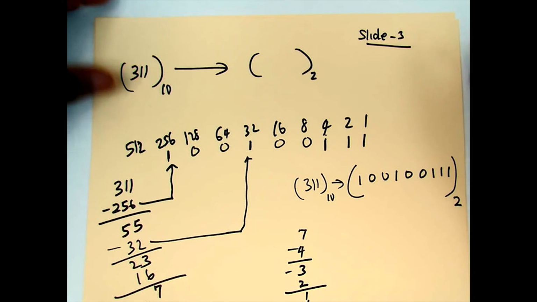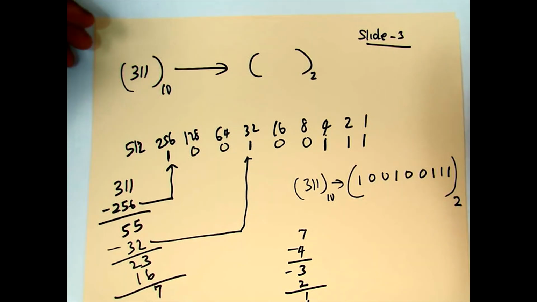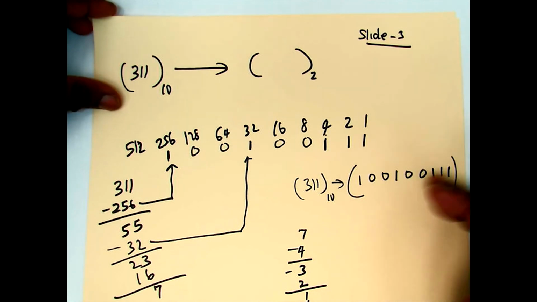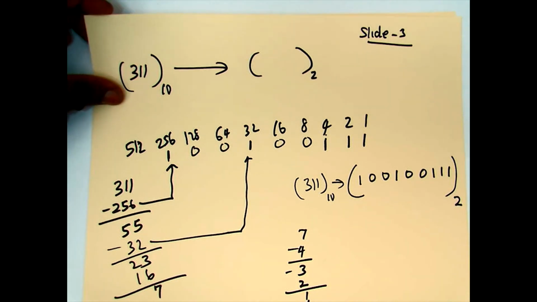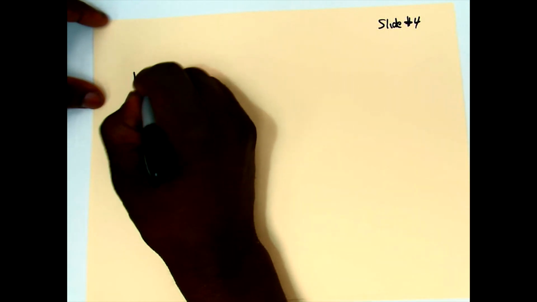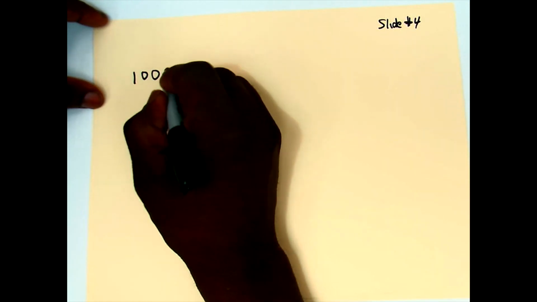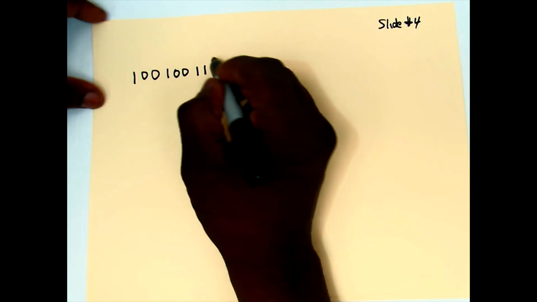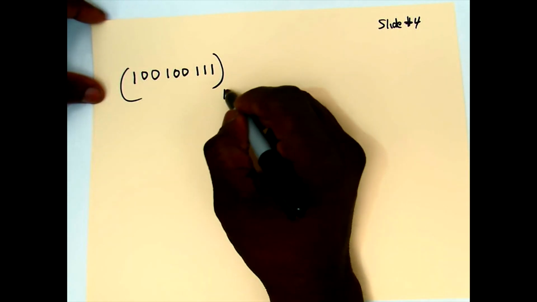In the next slide, we're going to see how to take it back, so we are not just making it up. Some people say, well, maybe you're making it up. So slide 4 says, let's look at what we just got from slide 3. We got 1 0 0 1 0 0 1 1 1 in base 2.